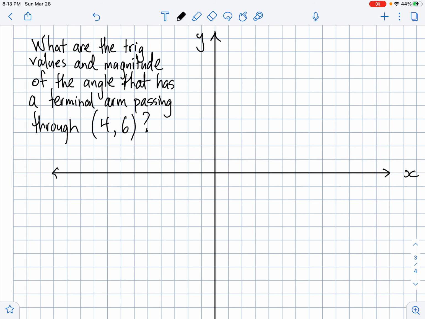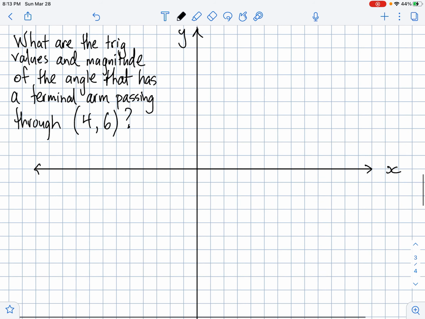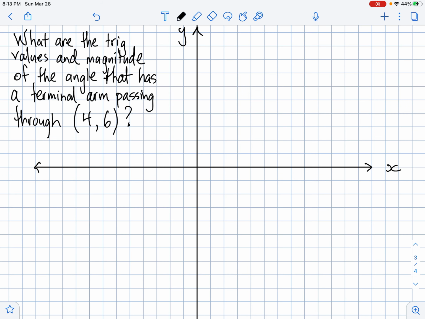So I've asked that question, and it's actually a multi-part question. But first thing I want to do is make sure that you can see what I'm talking about here. You have to know your terminology. It has a terminal arm passing through 4, 6.